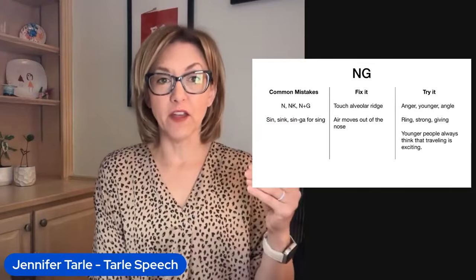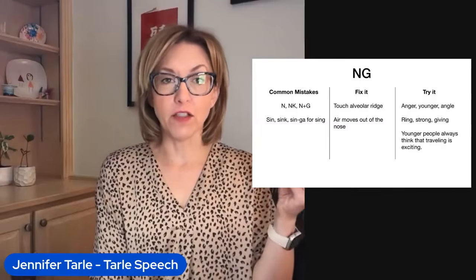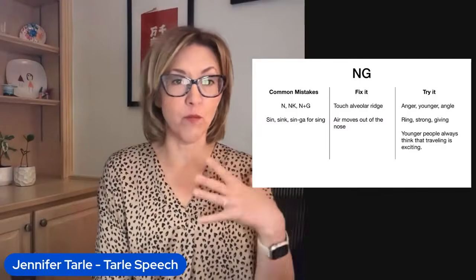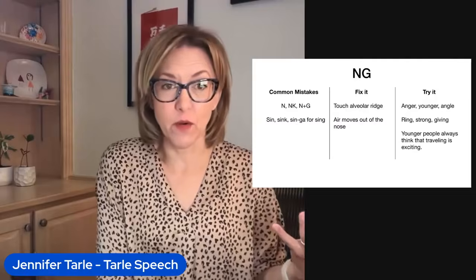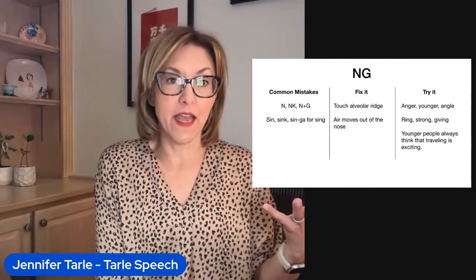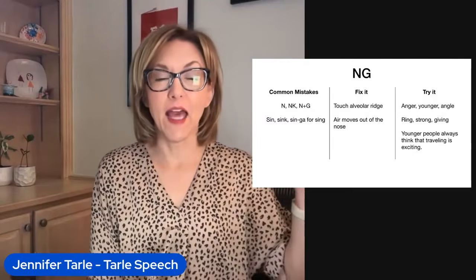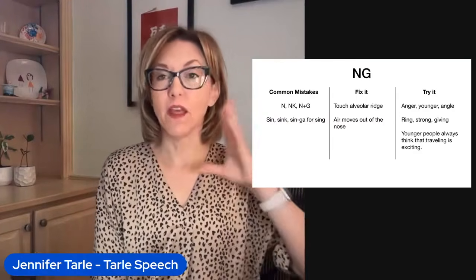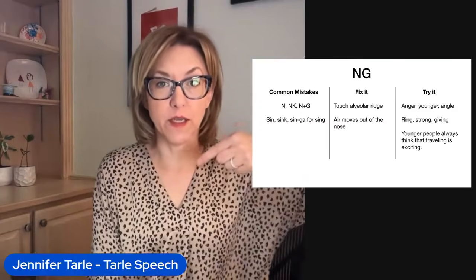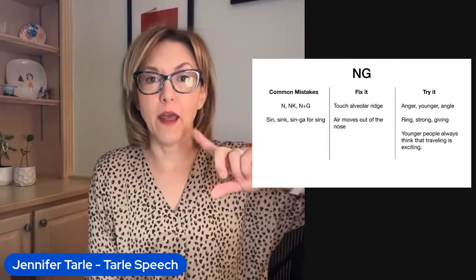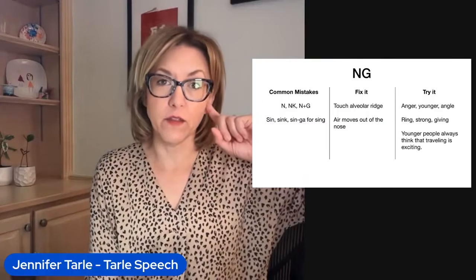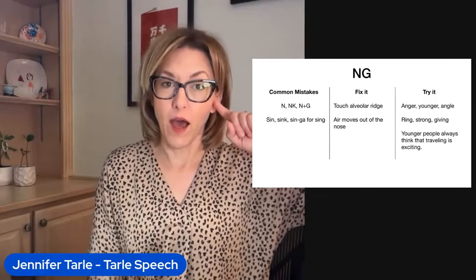So for this NG sound, think about the K and the G sound. Most people, in fact, all the students that I work with, typically can say the K and the G sound. So k and g. That is where your tongue needs to be. Tip of the tongue down and back of the tongue is pulled high up.